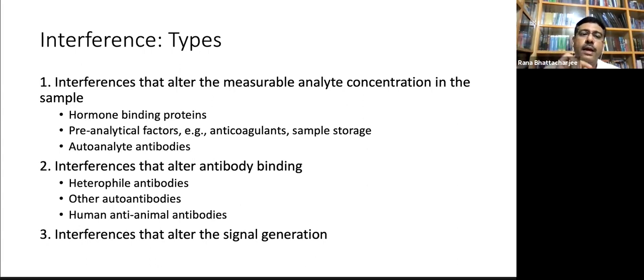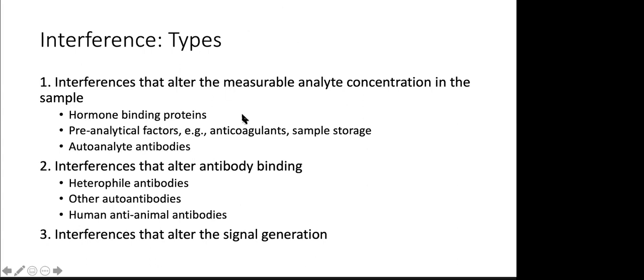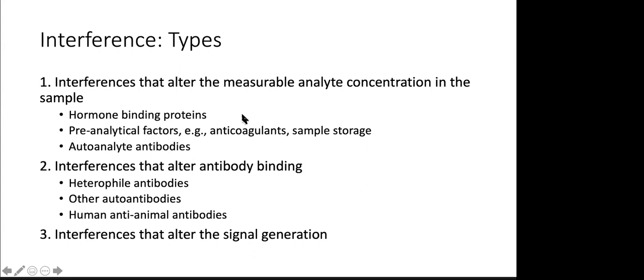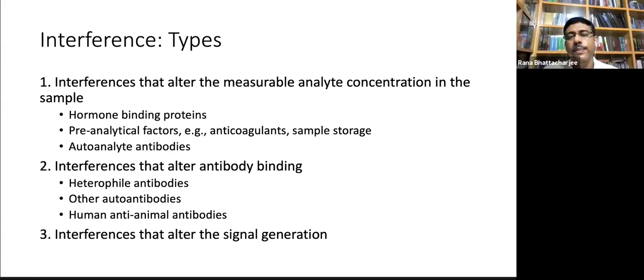But no, as I have shown in the example, there is some kind of equilibrium generated between the matrix, the liquid, and the solid component during the antibody-antigen reaction. So if the binding proteins are abnormal, either in quantity or qualitatively, then we can get falsely high levels of free hormones as well. So this is a kind of interference. There are many pre-analytic factors as well, like an EDTA sample is not suitable for the TSH assay. So this is one example.